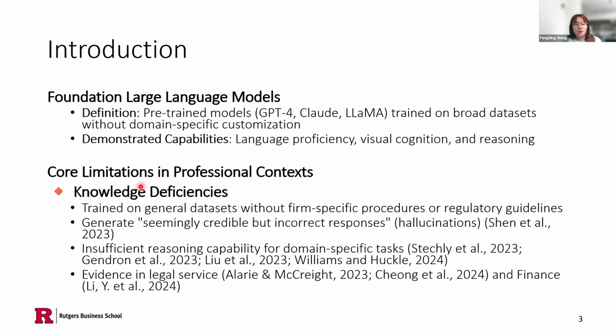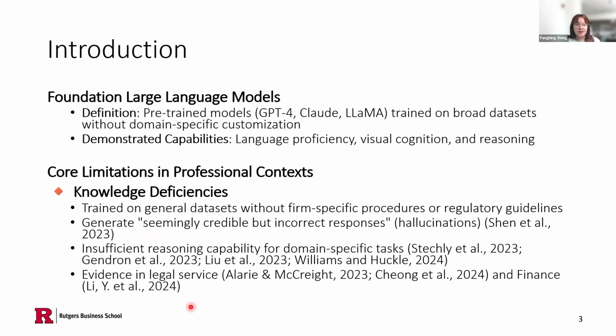Since those large language models are trained on general datasets without firm-specific procedures or regulatory guidance in some specific industry, they can generate seemingly credible but incorrect responses. That's what we call hallucinations. And this kind of general training dataset also limits the reasoning capability for domain-specific tasks.